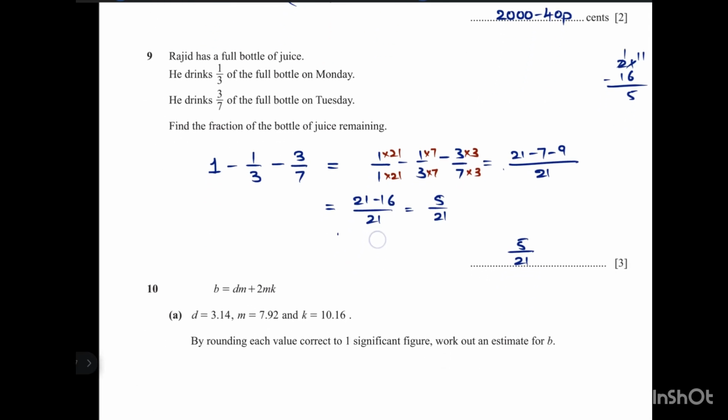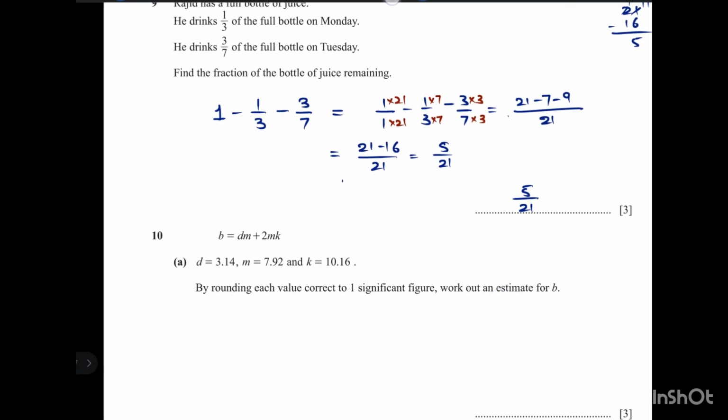Question number 10. B is equal to dm plus 2mk. Question A. D is equal to 3.14, m is equal to 7.92, k is equal to 10.16. By rounding each value correct to one significant figure, work out an estimate for B. So now first of all we will round all the numbers to one significant figure.